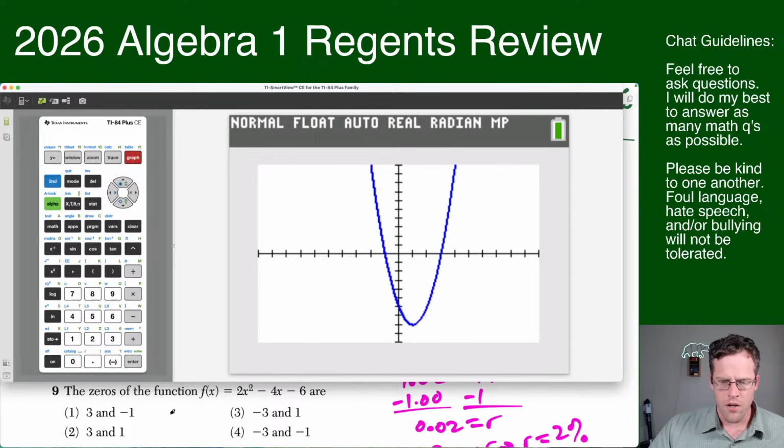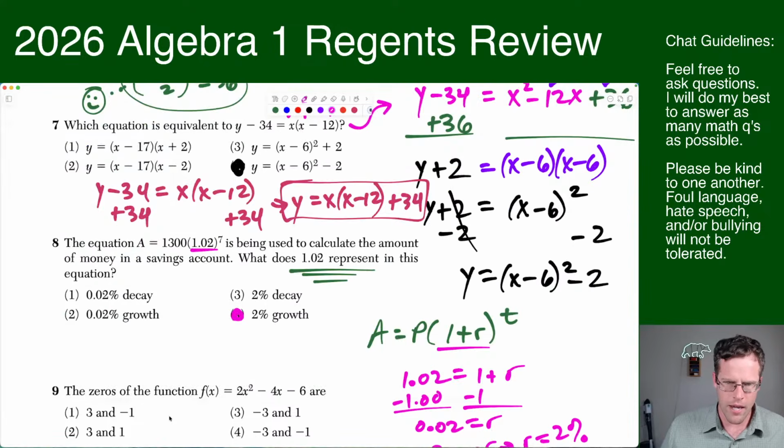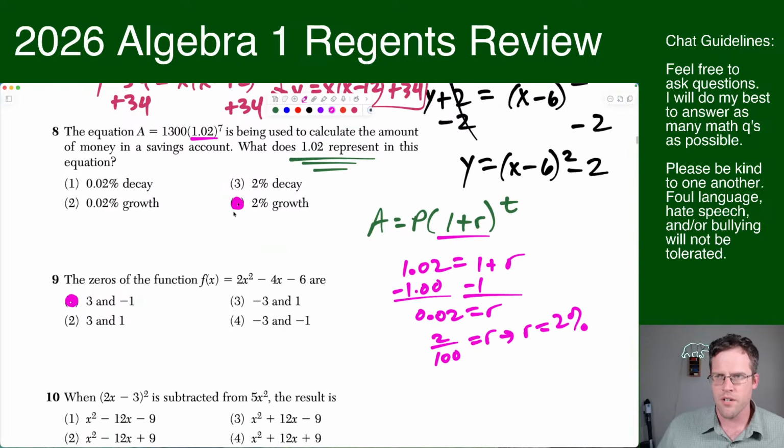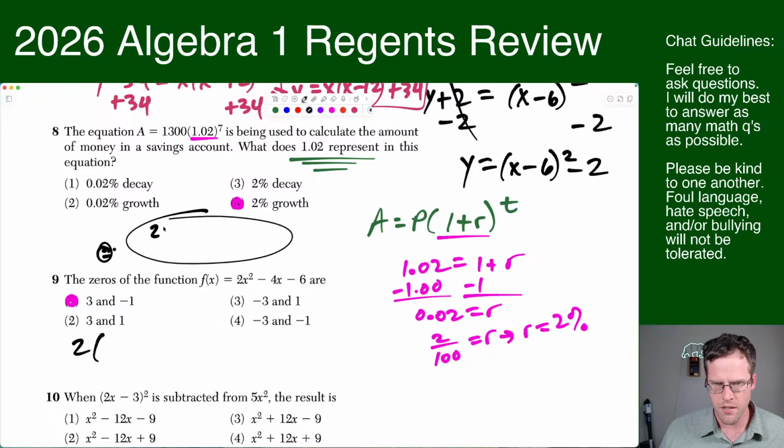If you're like, all right, how do I do the algebra? This is the Algebra Regents, I want to know how to do the algebra. Then for this, I would first take out the greatest common factor, which is 2. The math I'm doing in my head, if I'm doing this algebraically, is dividing everything by 2. That's what happens when you factor: you divide everything by the factor you're taking out. And we have x squared minus 2x minus 3.